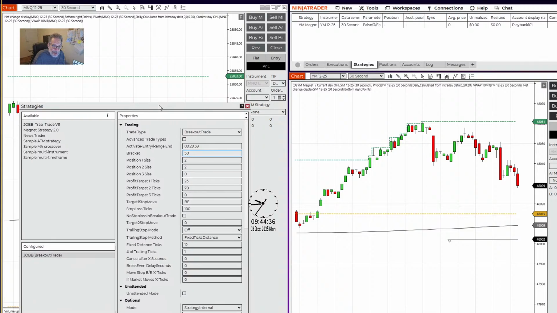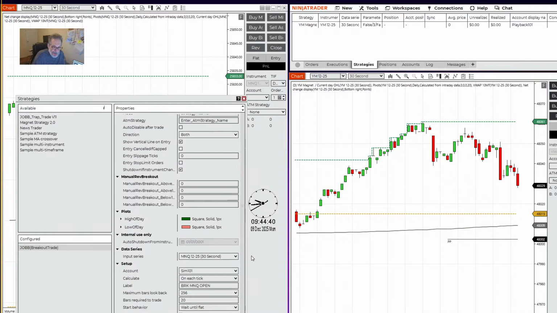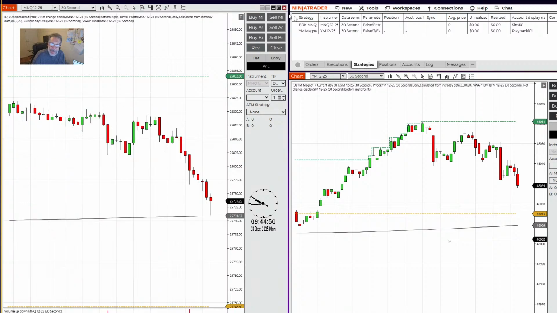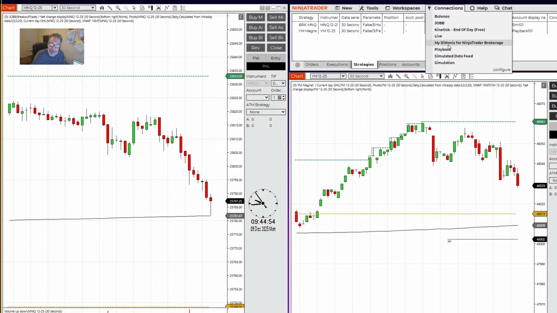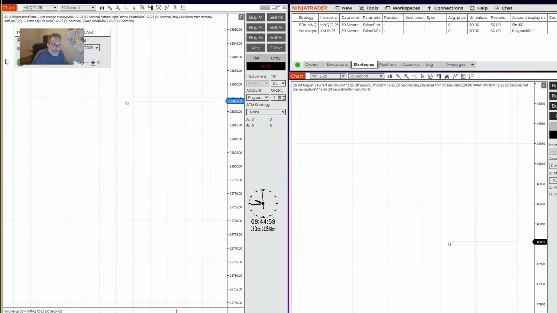Using a bigger bracket. It's got to be on playback. Okay, so I downloaded the data, got to connect playback. Put the date in the box, 12/8.